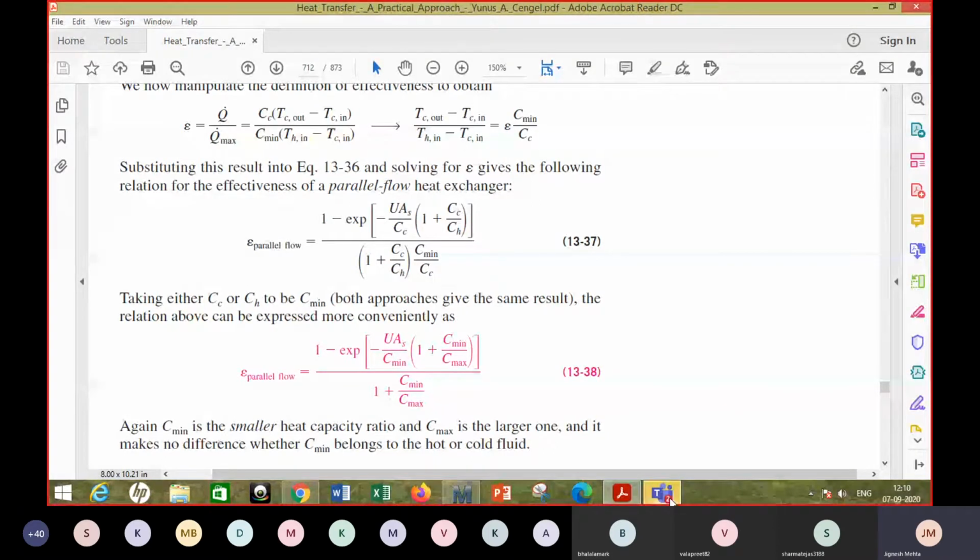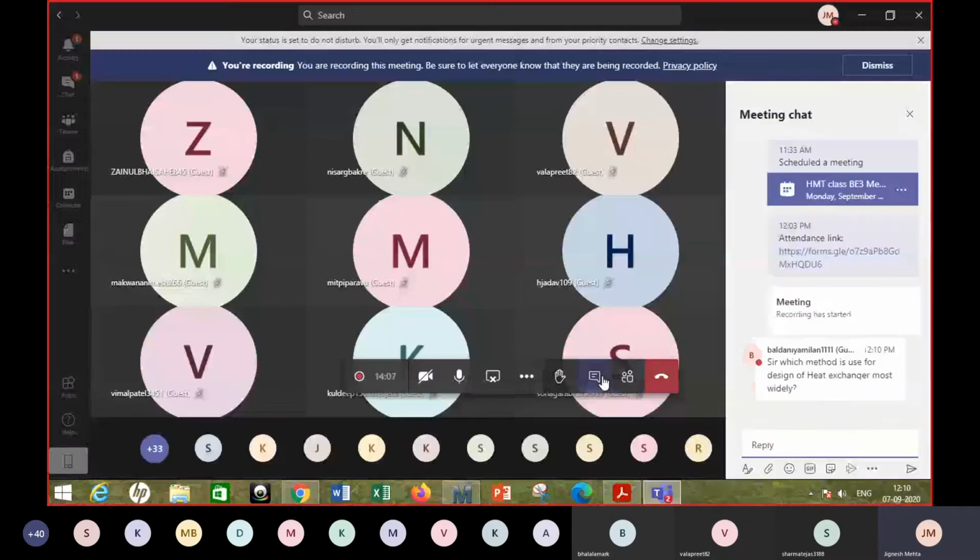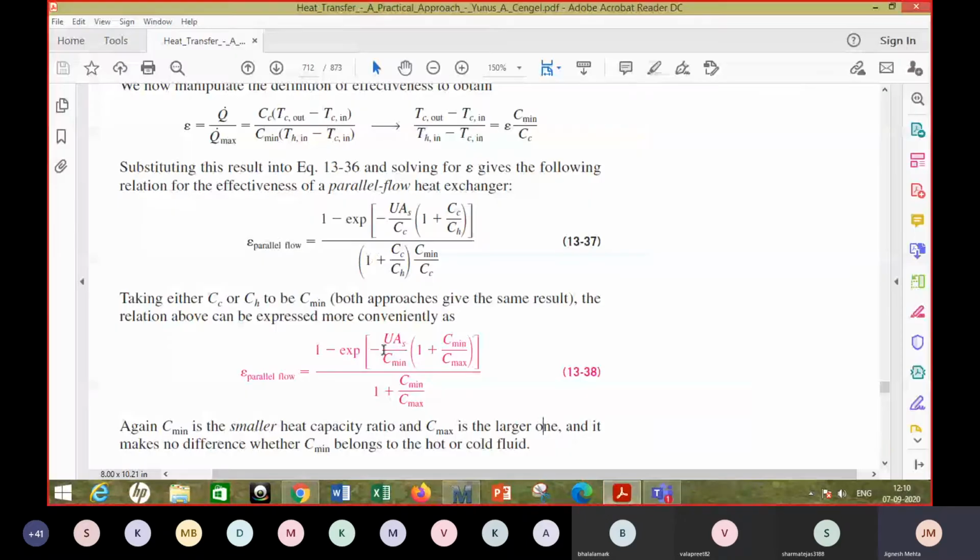This way, for all different heat exchangers, you can have the relationship between effectiveness, NTU and CR. Based on convenience, either method can be used. As I told, if you are talking about design, it is based on what parameters are available.